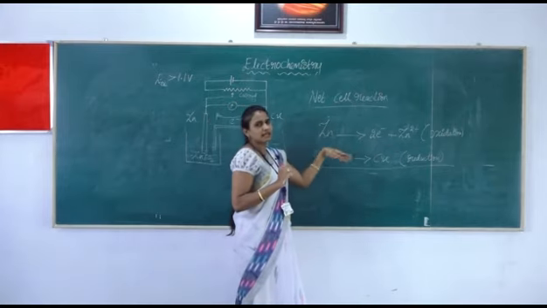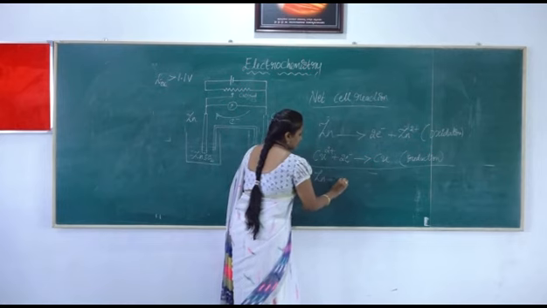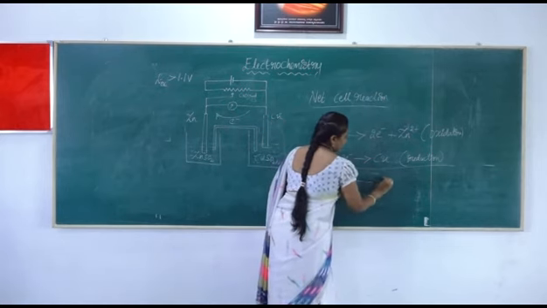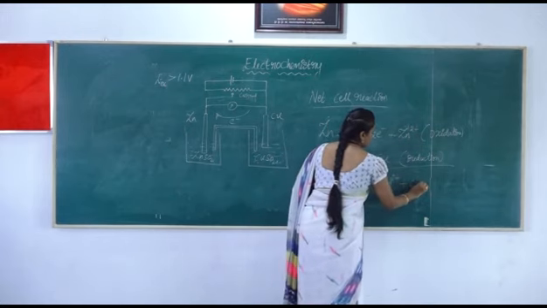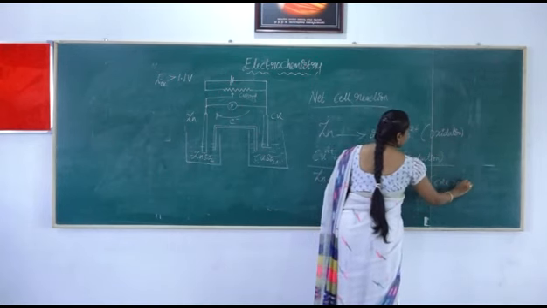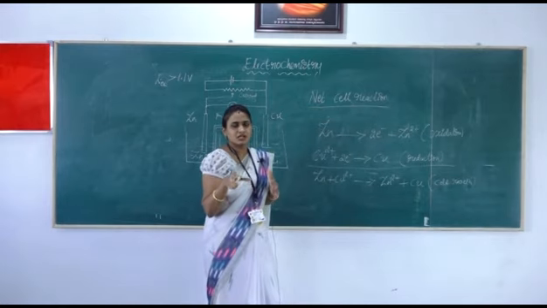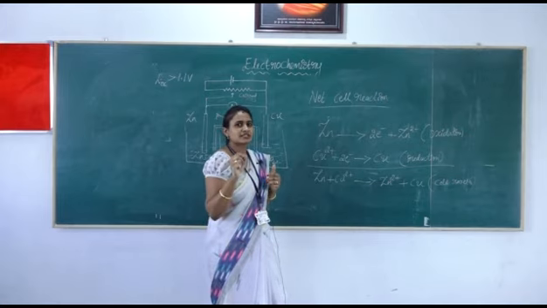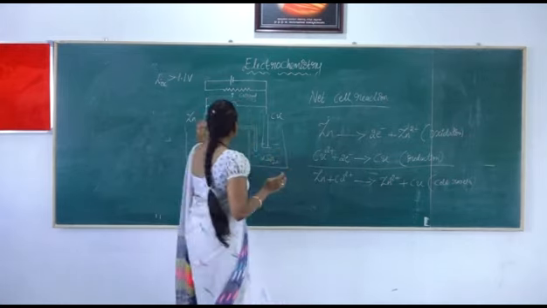The overall cell reaction is given as Zn plus Cu2+ gives Zn2+ plus Cu. This is the cell reaction. If one cell undergoes oxidation and the other undergoes reduction, each will be called a half cell, an individual cell.